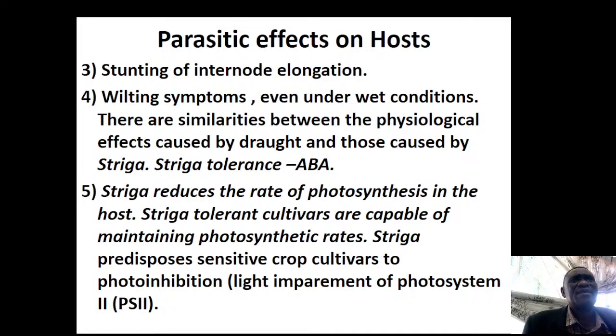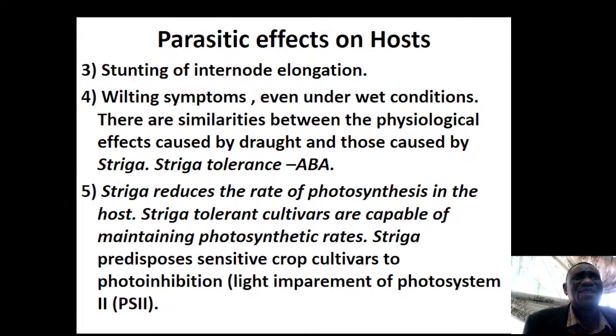Striga tolerance may mean that the cereal could be producing a lot of abscisic acid, which causes the stomata to close.